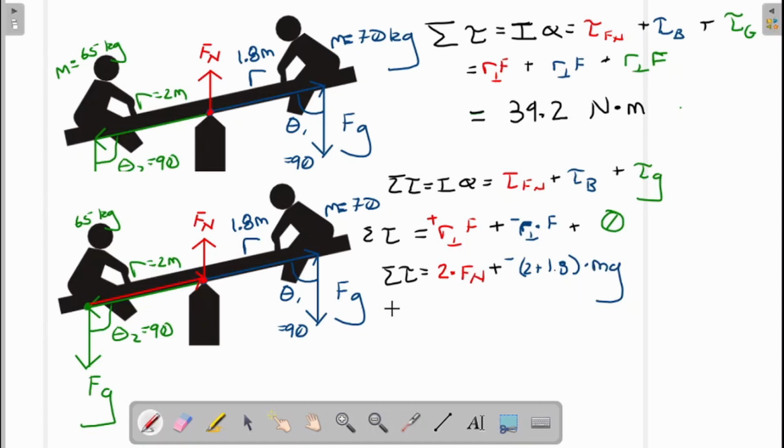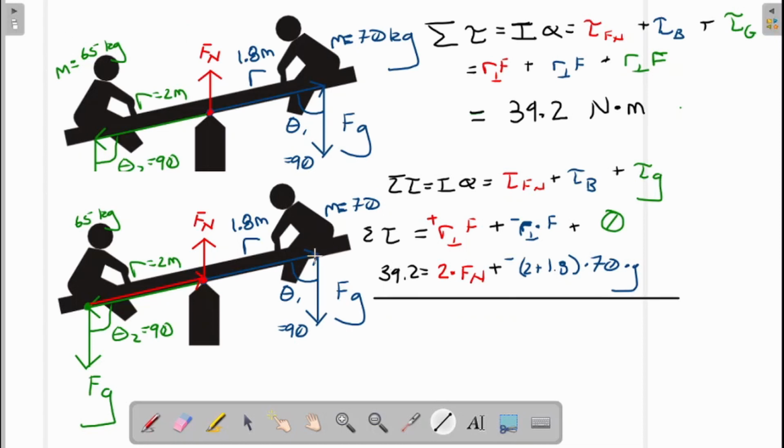I know my m and g, I can actually put those numbers in right now. But because I did the previous problem and already found that my net torque is 39.2, I can now solve for my normal force.